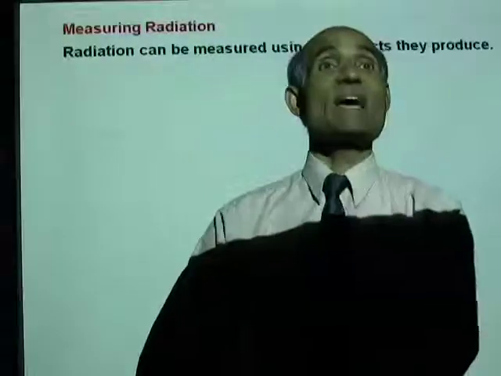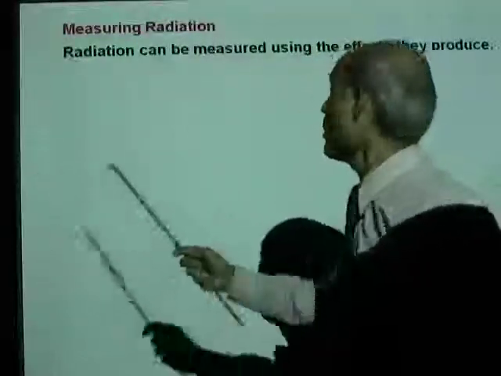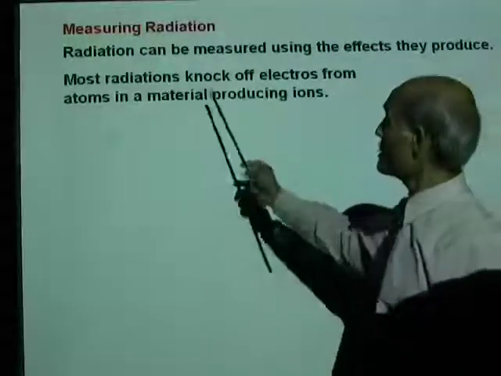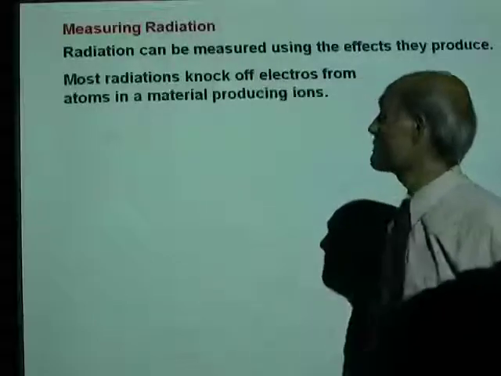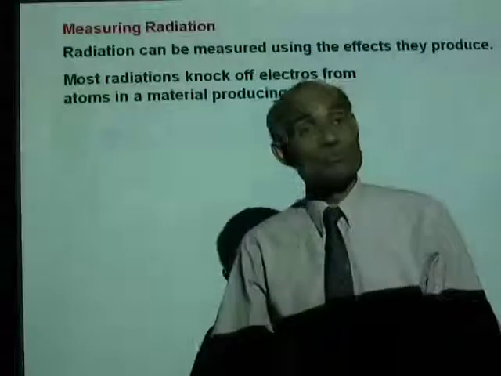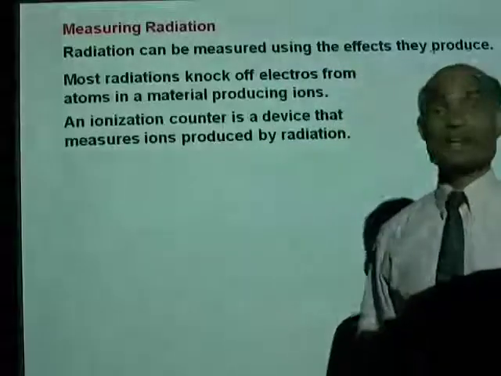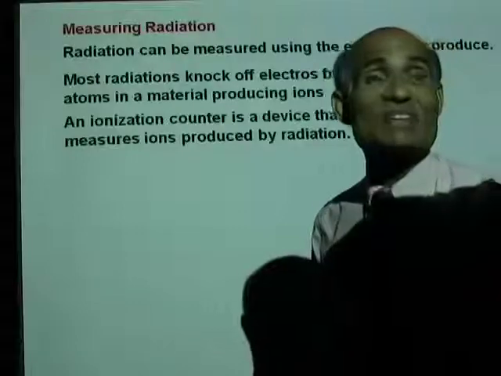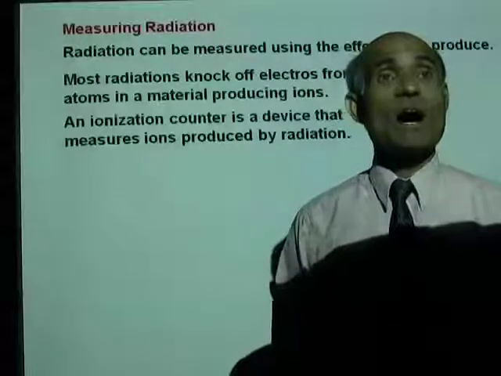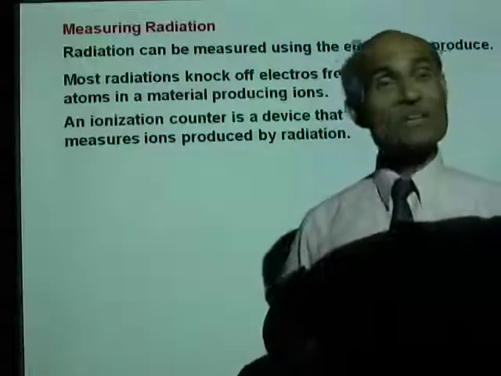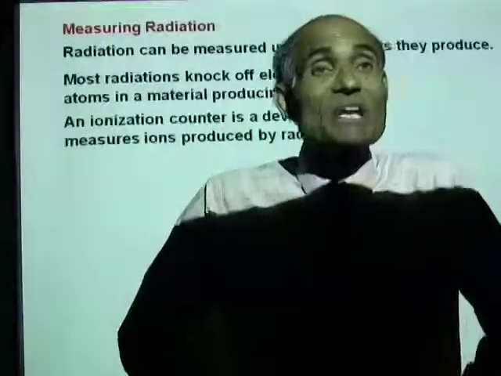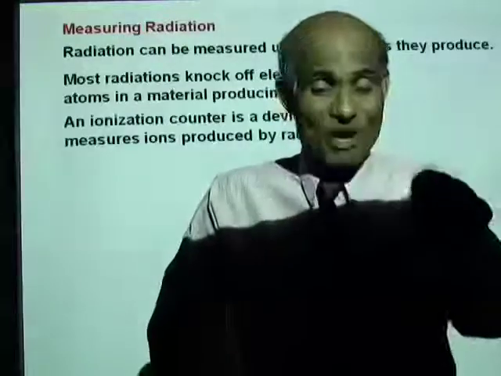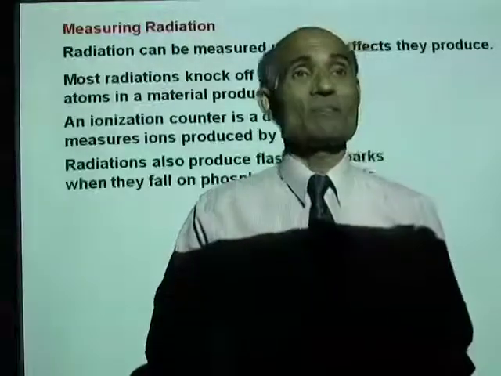So radiations can be detected or measured using the effects they produce. Most radiations knock off electrons from atoms in a material producing ions. Now, an ionization counter is a device that can detect and measure ions produced by radiation. So obviously, a radiation detecting device makes use of the ionizing properties of radiation.